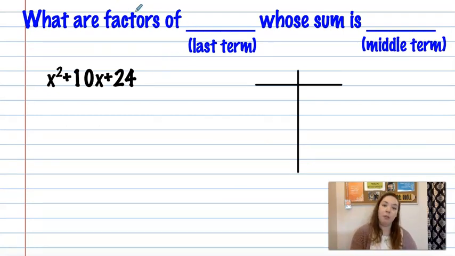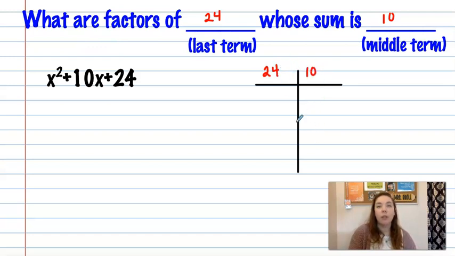So again, we want factors of whatever our last term is. In this case, what are factors of 24 whose sum is 10. And I got that from our middle term. So we want it to multiply to be 24 and add to be 10. So we like to use these t-tables when doing this.